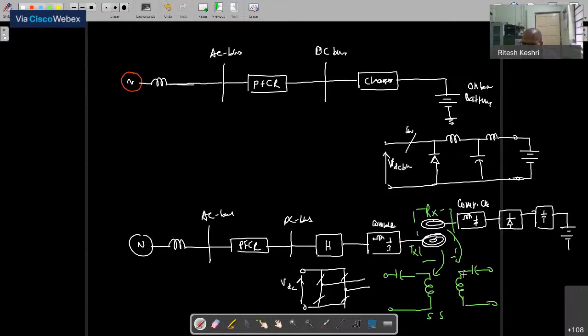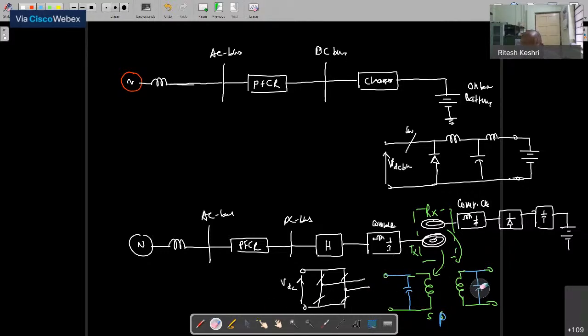Understand? If in place of this series, you put a parallel capacitor here, it will become SP topology. Maybe here you want to use some parallel arrangement, and then this will be P topology.